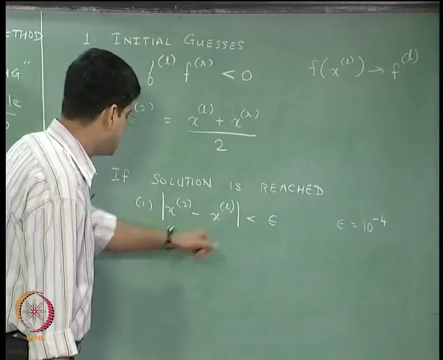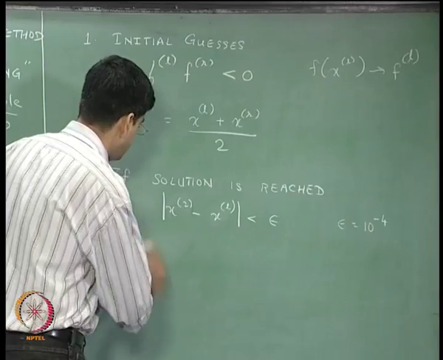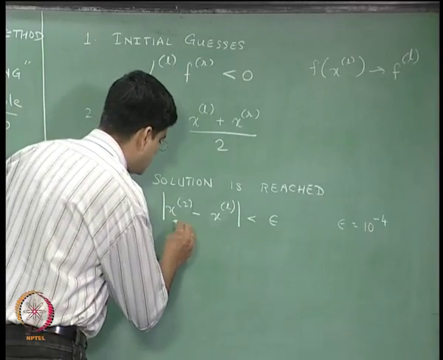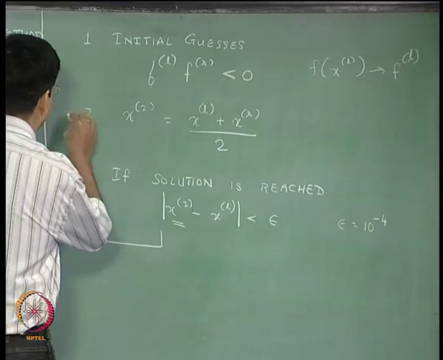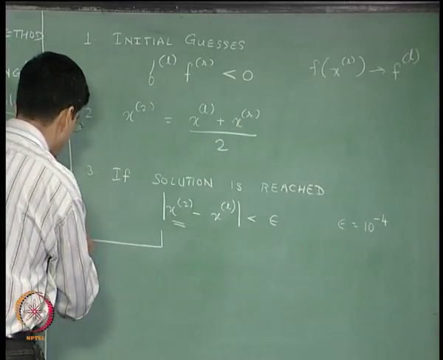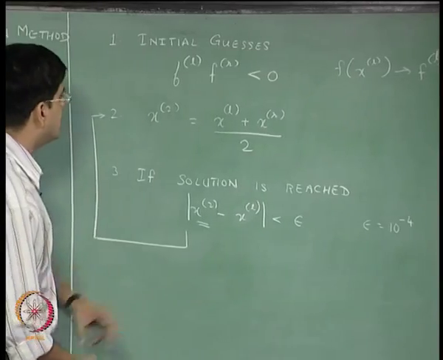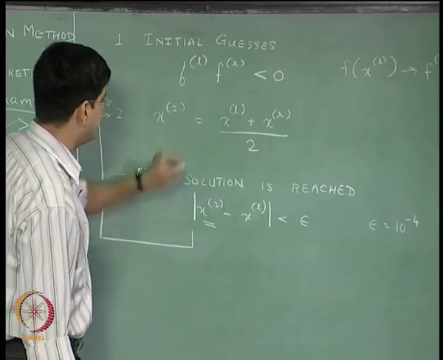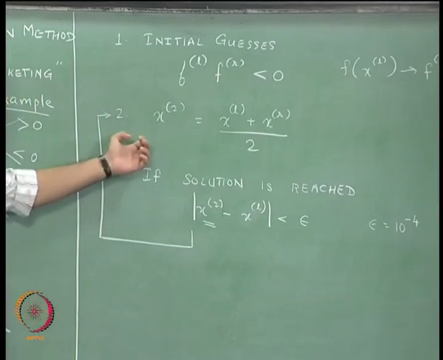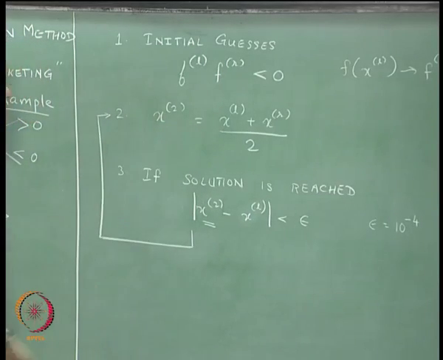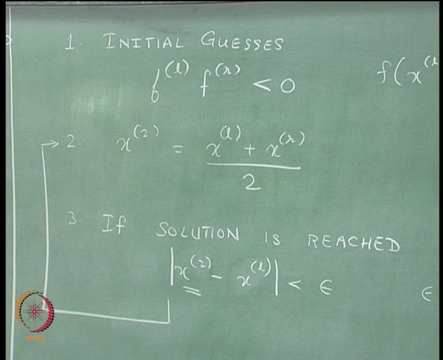So if the solution is reached, okay, our x2 is going to be the actual solution. If it is not reached, we will increment i and we will go back over here and repeat this. Now before going back over there, we need to ensure that x2 and the other solution still bracket the true solution.